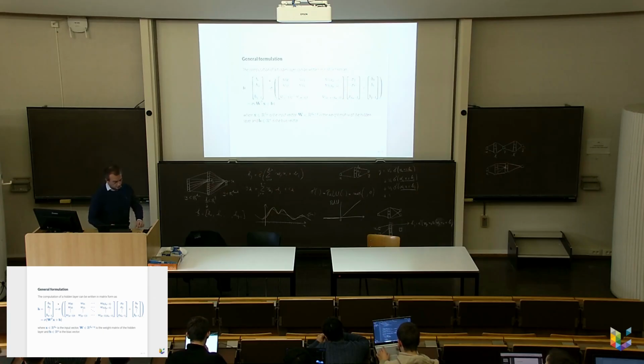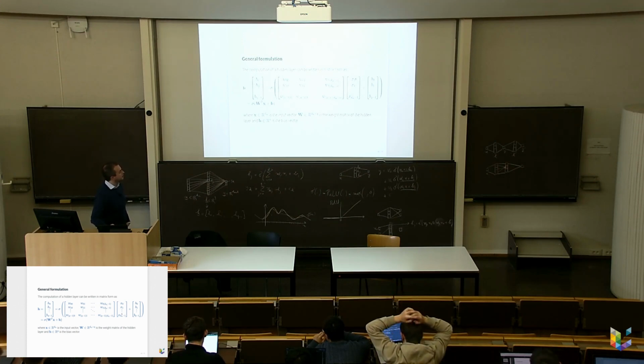So we can do that for all q elements of the vector H, and in this case, we would have in this matrix as many rows as we have elements in the hidden layer. So we'd have q rows, and we would have as many columns as we have input values in X. Okay?